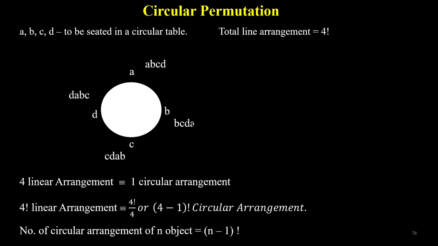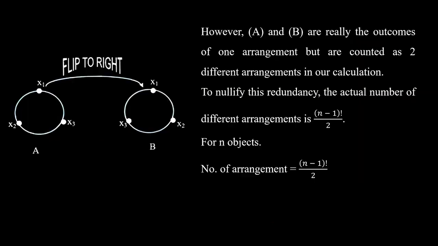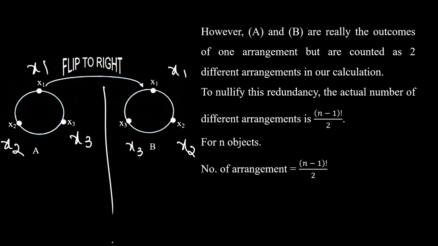Else, I'll show that example here. Yeah, this flipping you can see. When you flip, see this is x1, x3, x2. When I flip, what will happen? x1 here, x2 came here. If you are able to take the things into your hand and flip them, like a garland, I can take it into my hand and flip it.